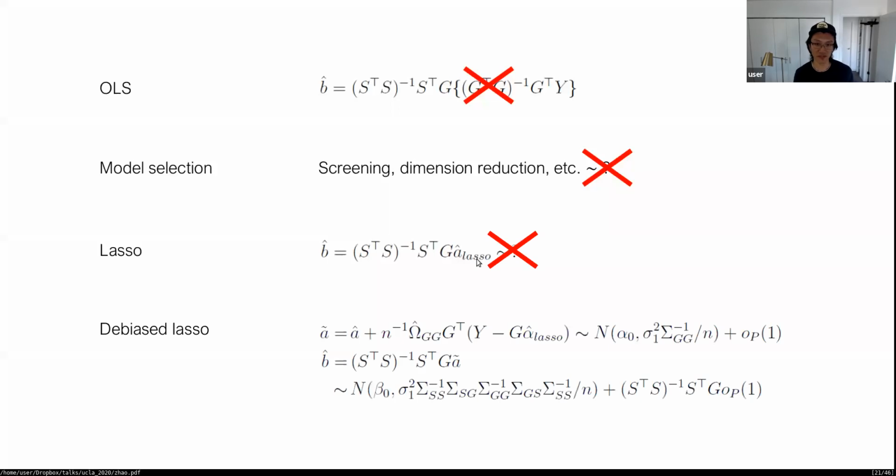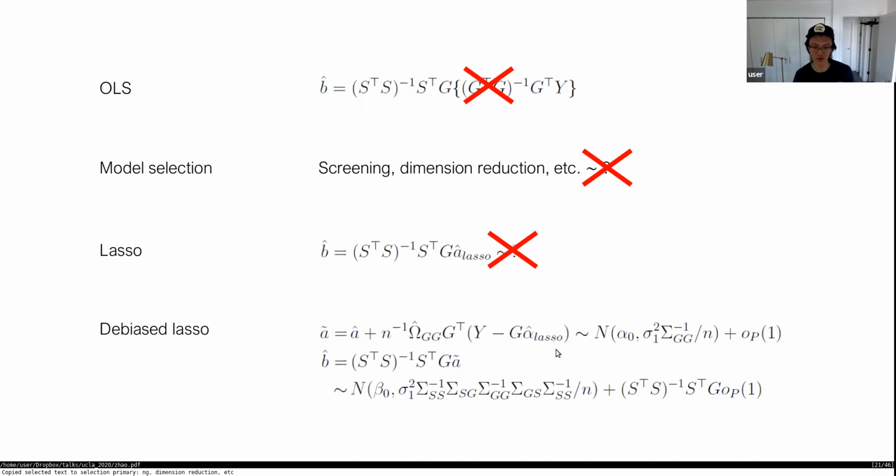Then we thought about the debiased lasso. The way the debiased lasso works is you take the original lasso estimator and then subtract off some stuff or add on some stuff. I'll go over this in more detail in a bit, but this gives you an A hat which is asymptotically normal plus an OP1 error term.